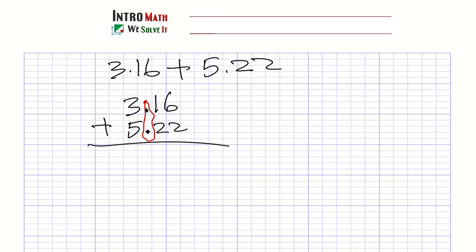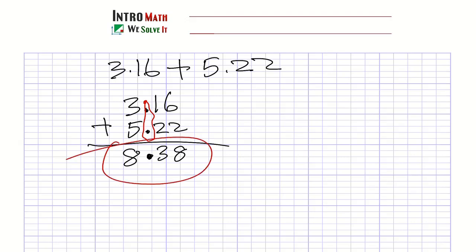Then you put this line here, and then you start adding. Whatever you're doing, adding or subtracting, you start doing it. 6 plus 2 is 8. 1 plus 2 is 3. Then the decimal point right there. 5 plus 3 is 8. See? And then we're done.